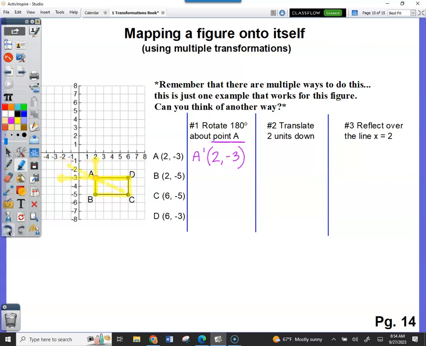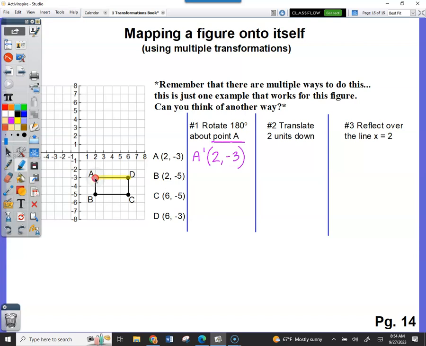Let me show you how I got that. I went kind of fast. I'm going 180. Remember we said if you connect a point and its prime back to what you rotated around, a 180 should make a straight line, right? Okay, so I'm keeping that in mind. So D, going to the point I'm rotating around, should make a straight line with D prime.